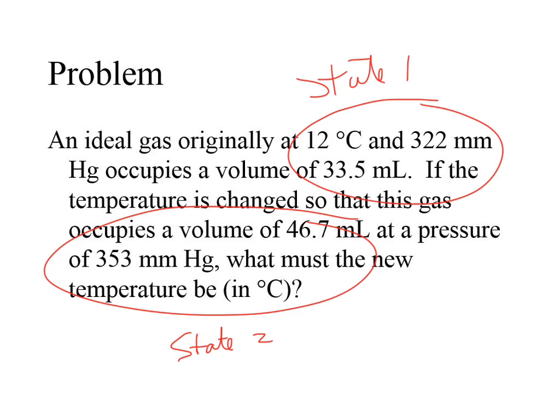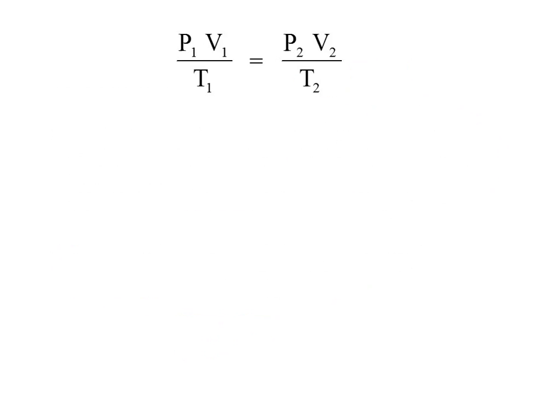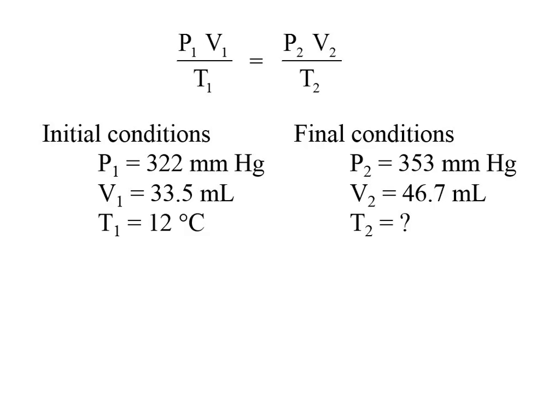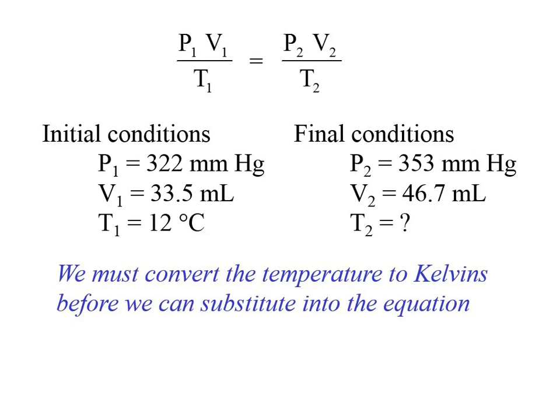That's part of your problem in working a problem. Do you guys get this? I've called state 1 initial and state 2 final, which is fine, but the thing we're trying to get to is T2.